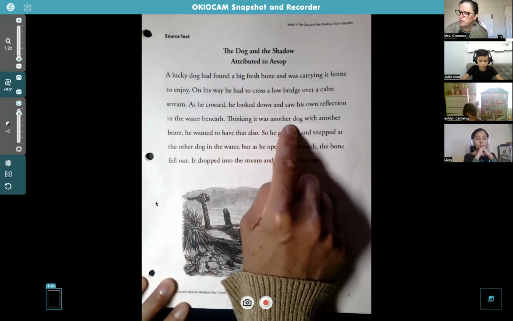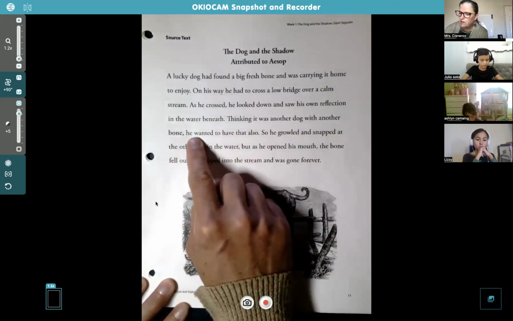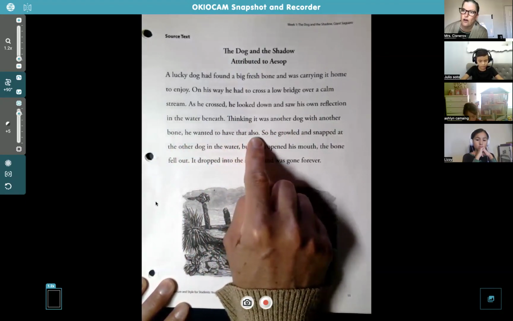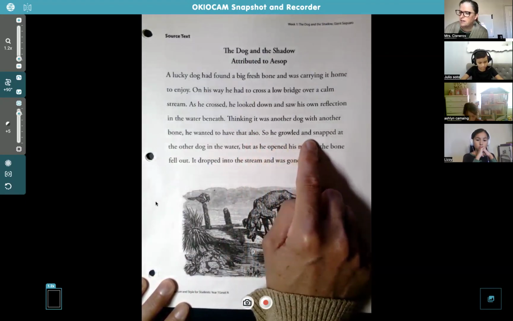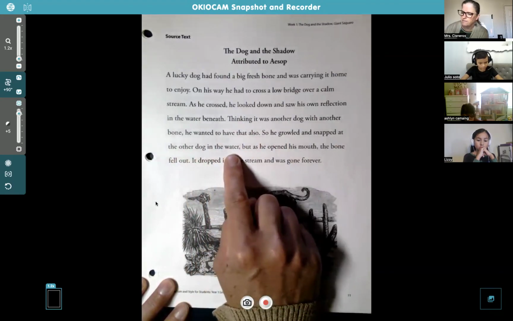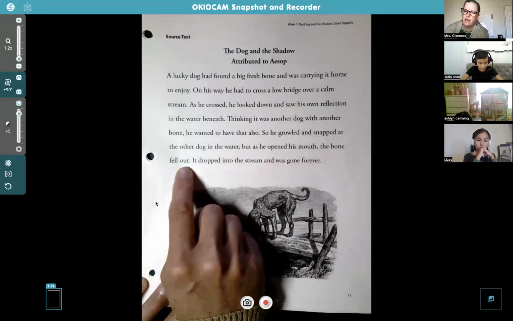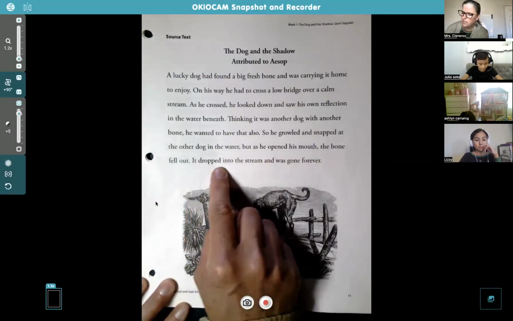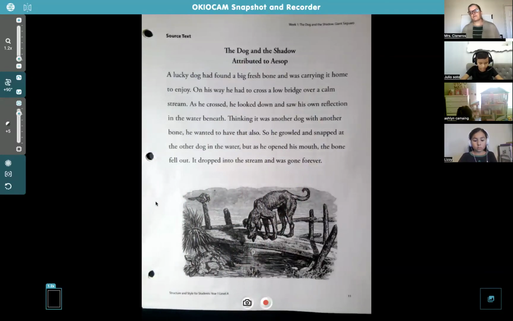Thinking it was another dog with another bone, he wanted to have that also. So he growled and snapped at the other dog in the water. But as he opened his mouth, the bone fell out. It dropped into the stream and was gone forever.